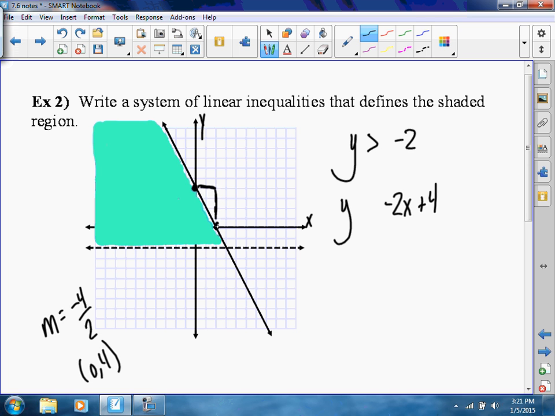Now this is a solid line, so it's either going to be greater than or equal to or less than or equal to. So we're going to have some kind of equal to in there. And it looks like we're shading below the line. We're shading down this way. So we're shading below the line, so that would be a less than. Okay, so that would be the system of equations for this graph.